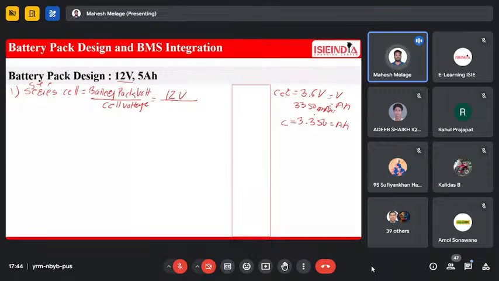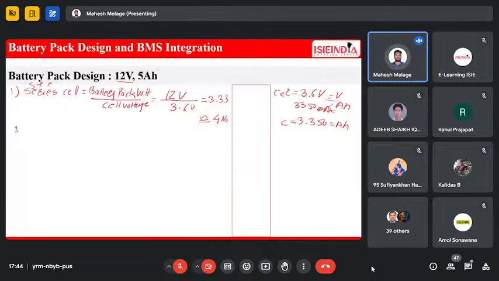This is the capacity and this is the voltage. So voltage is 3.6 volt. What is the value? 12 divided by 3.6 approximately goes to 3.33, right? So cells are not in points, so we can give 4 as the number of cells in series.